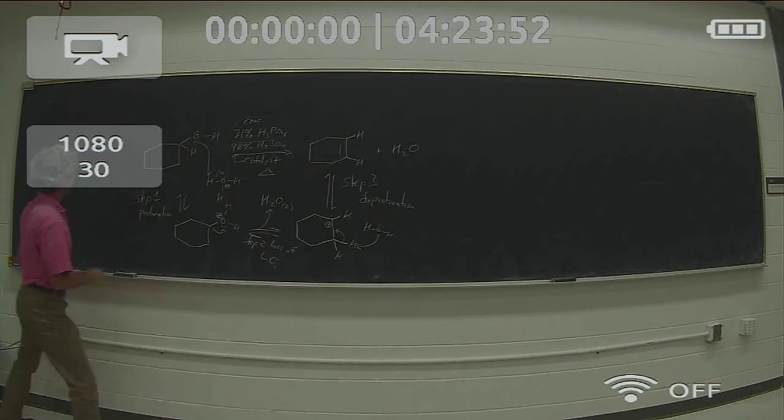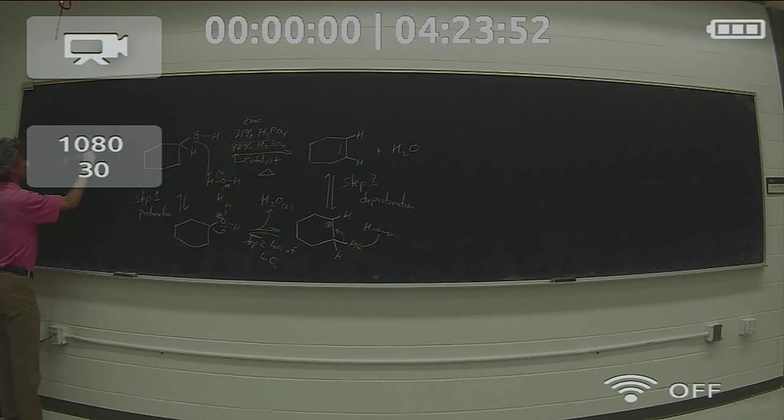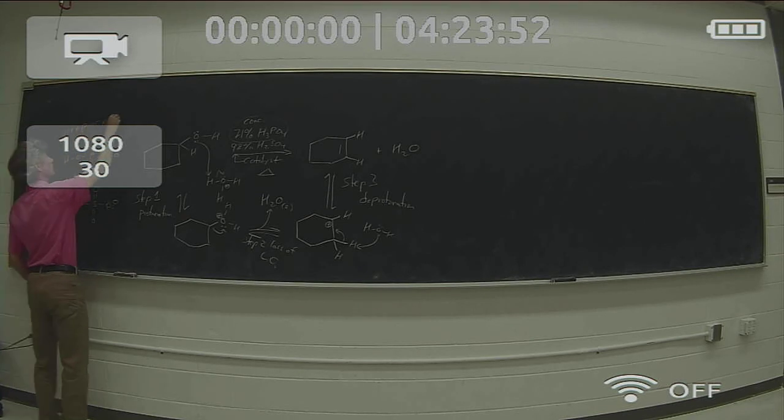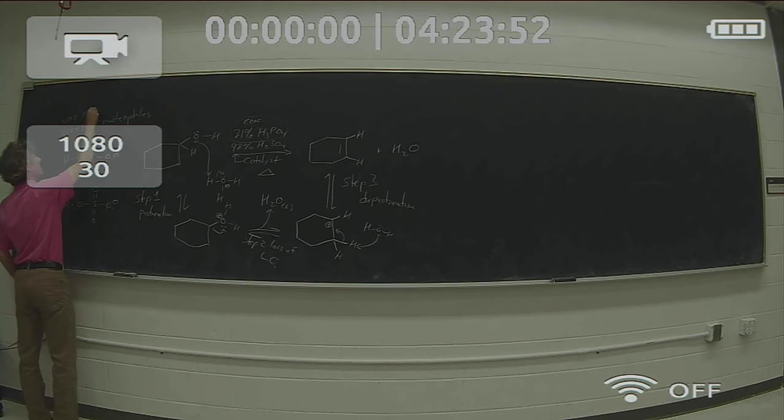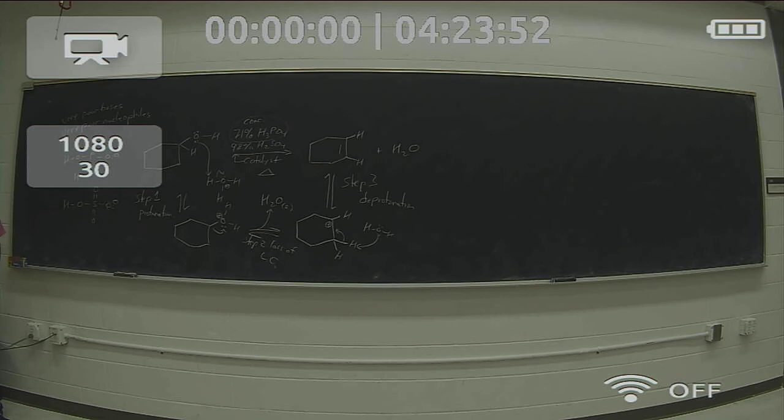And the reason for that is that dihydrogen phosphate ion and hydrogen sulfate ion are both very poor nucleophiles, as well as being very weak bases. So they're not effective as Bronsted-Lowry bases, and they're also not effective as Lewis bases or nucleophiles.